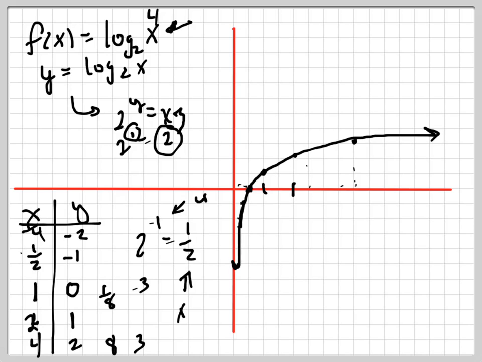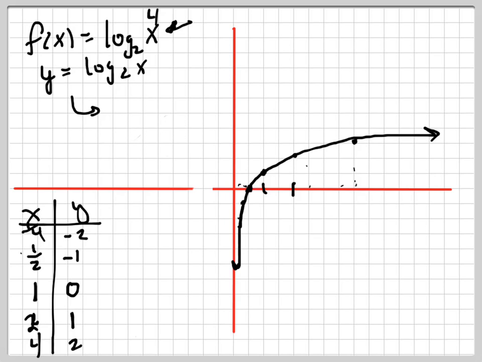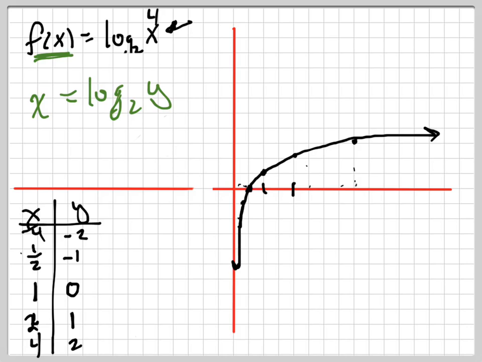And that graph, I'm going to go ahead and erase some of this so you can see what the graph is basically. It is the inverse of the exponential graph. So I'm going to do this one in green. If I take the x and the y and I interchange them, and now if I solve it for y, I can use the equivalence y equals 2 to the x.